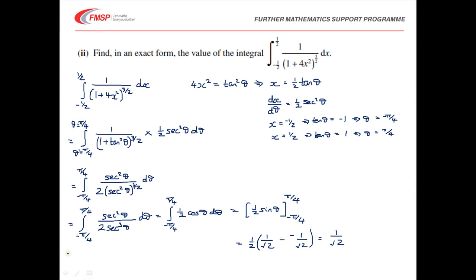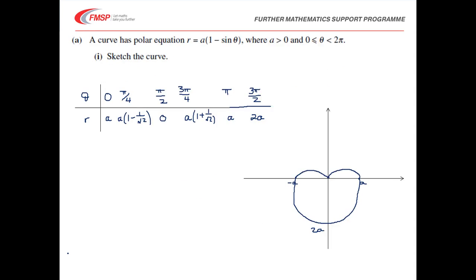Okay, let's go and have a look and see how the mark scheme works for this question. For part A, there is one graph mark for correct general shape, including symmetry in the vertical axis.